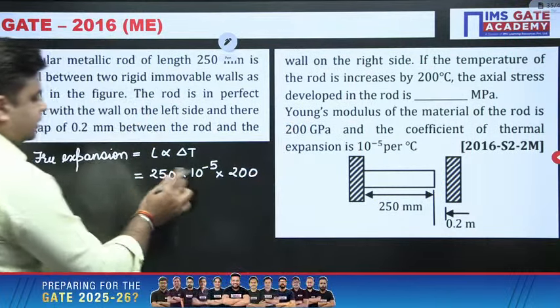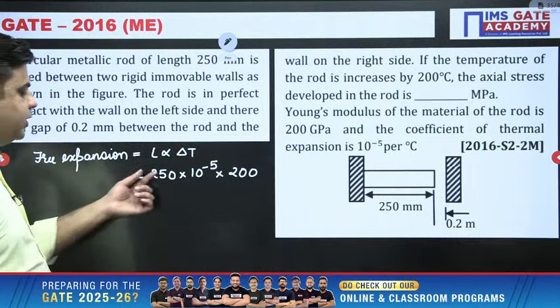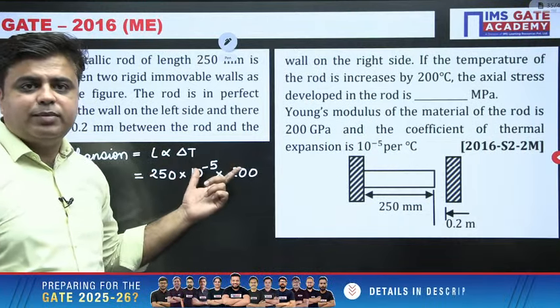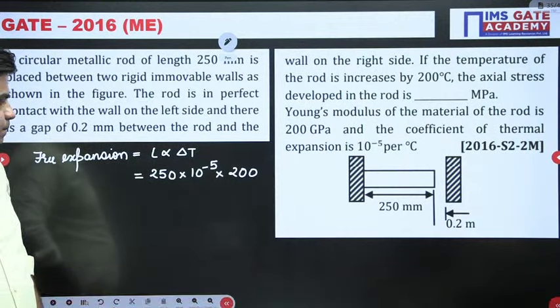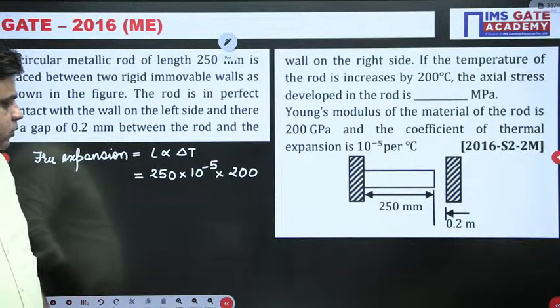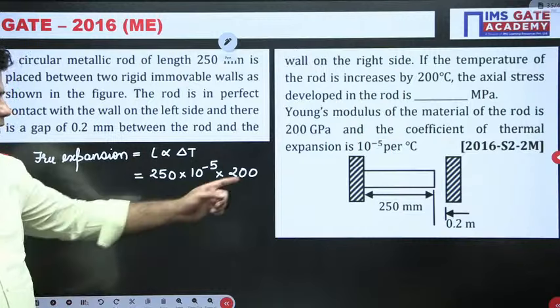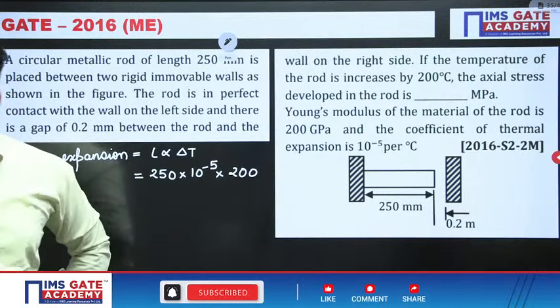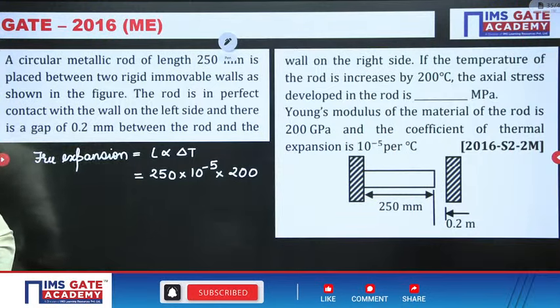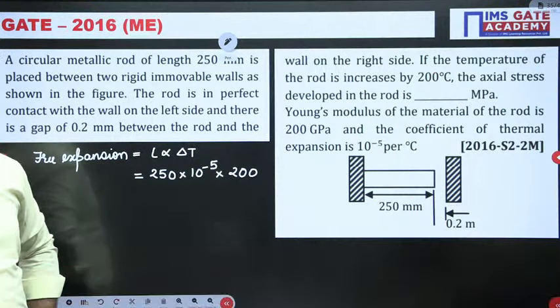Please calculate this. This will come out in mm because the length is substituted in mm. Please calculate this free expansion and tell me the answer in mm. Quickly, we have to start with the shear force and bending moment diagram after this. Go for it.